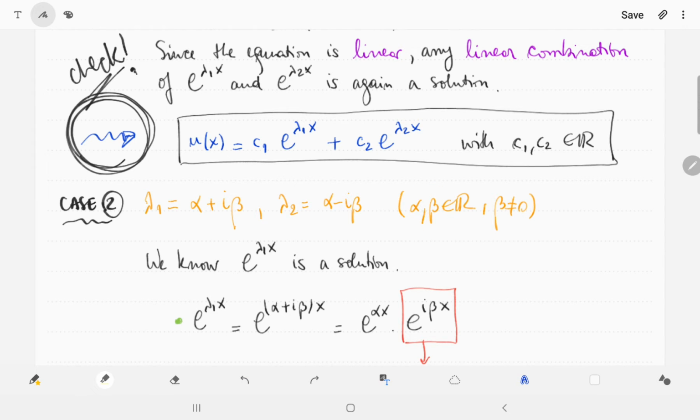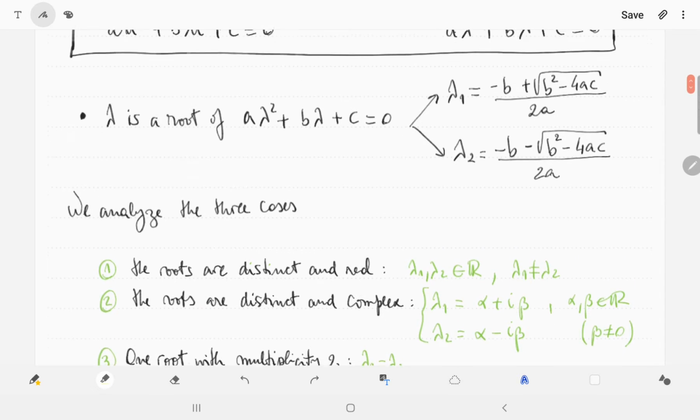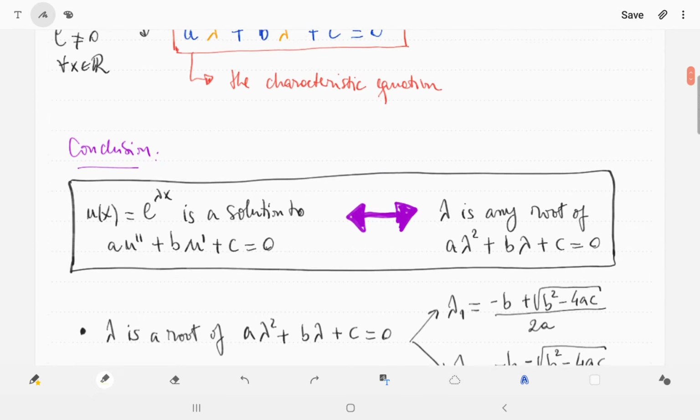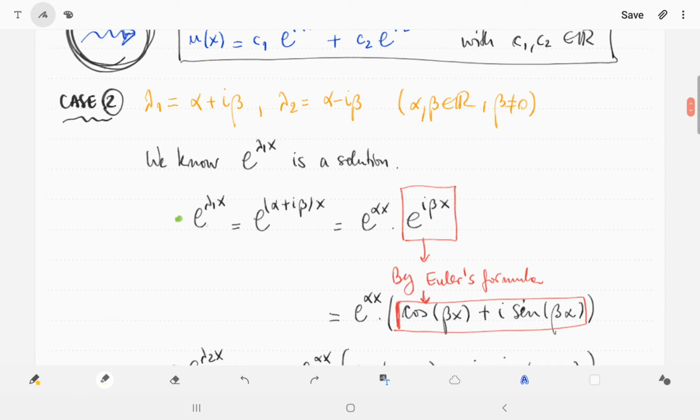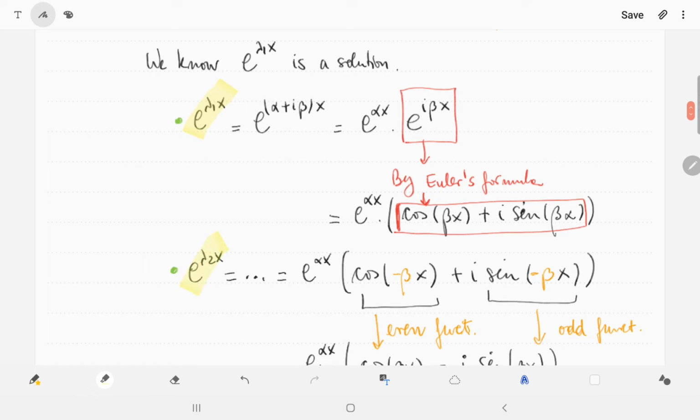What we just did before tells us that e^(lambda 1 x) is a solution and e^(lambda 2 x) is a solution, but we don't like this, right? Because they are complex solutions and we would like to have real solutions. But there is a way to get real solutions from these two complex solutions.